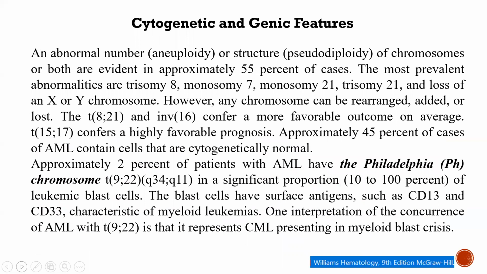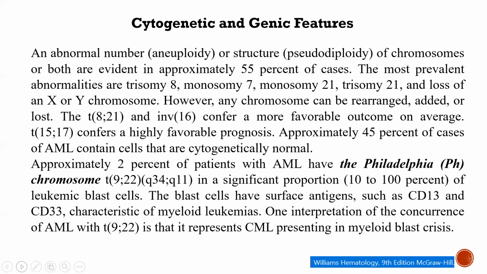An abnormal number of chromosomes, called aneuploidy, or abnormal structure, called pseudodiploidy, or both, are evident in approximately 55% of cases of acute myeloid leukemia. The most prevalent abnormalities are trisomy 8, monosomy 7, monosomy 21, trisomy 21, and loss of the X or Y chromosome.